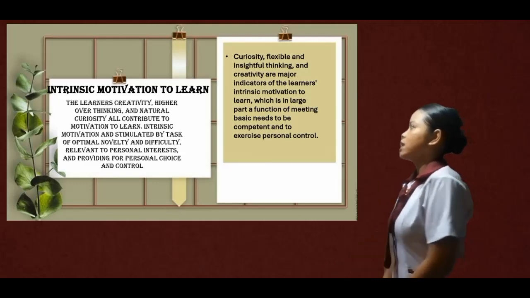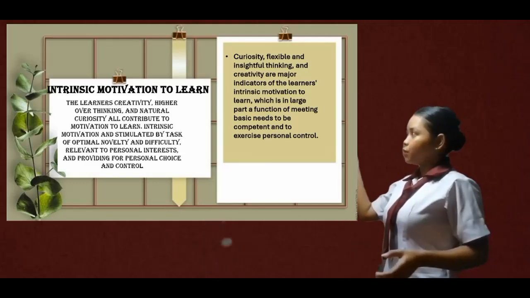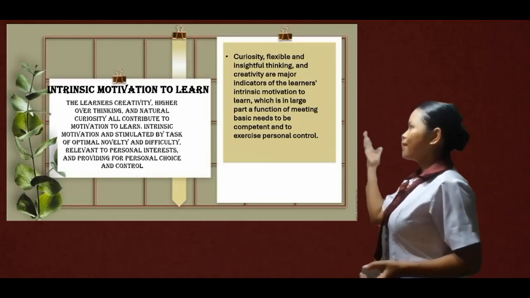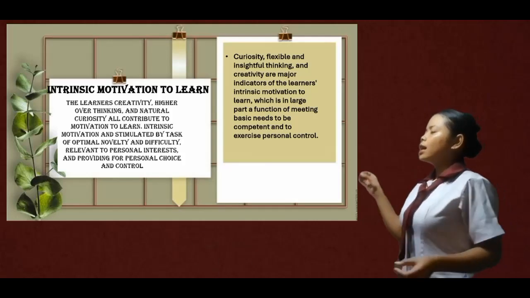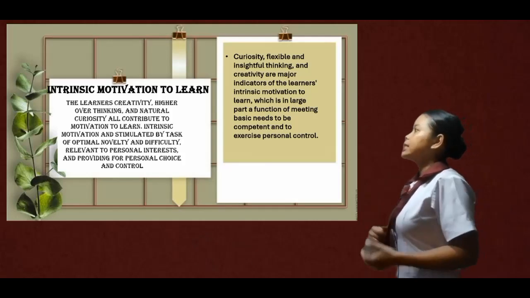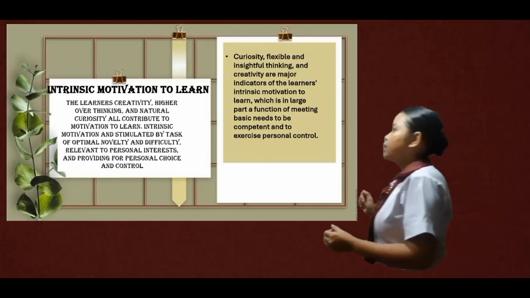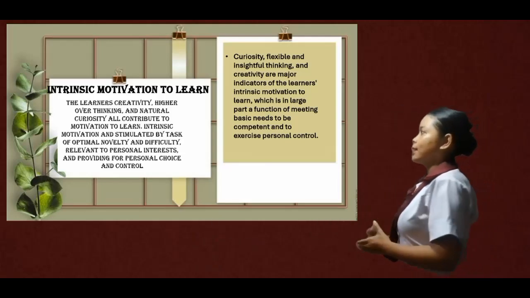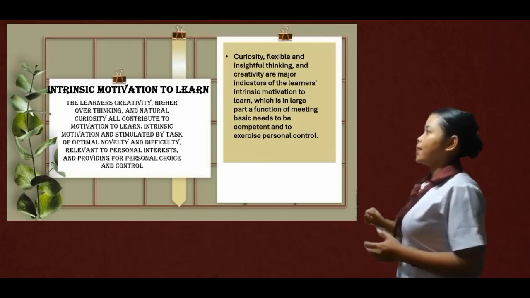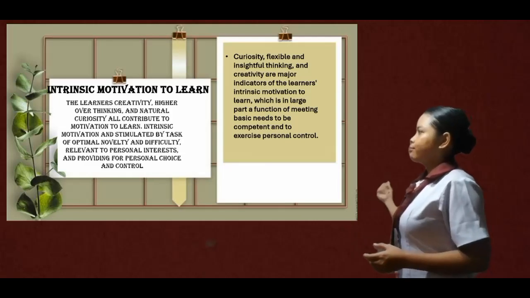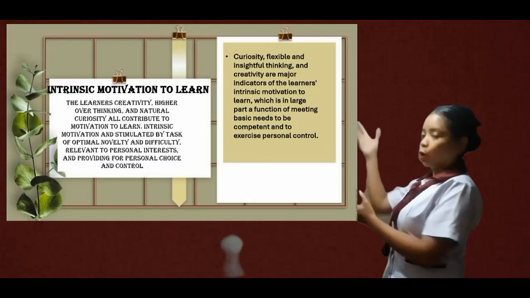Intrinsic motivation is also stimulated by tasks of optimal novelty and difficulty, relevant to personal interests, and providing for personal choice and control.